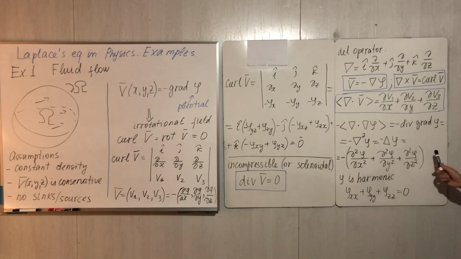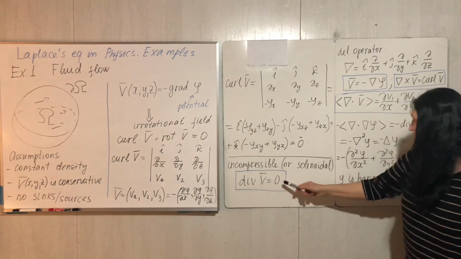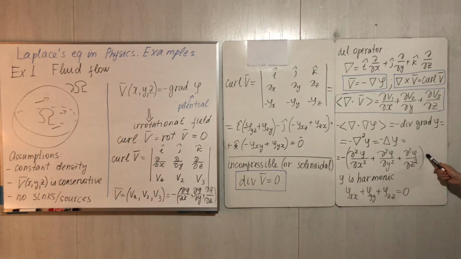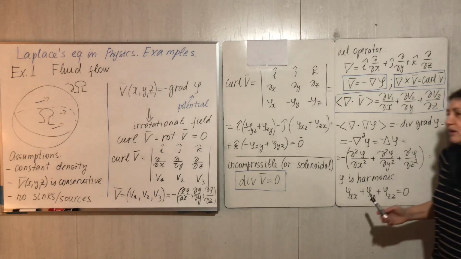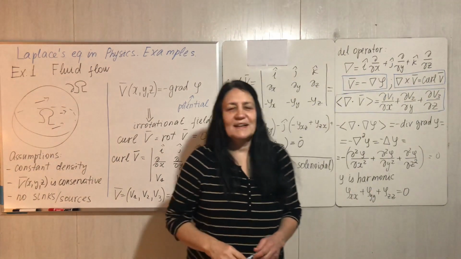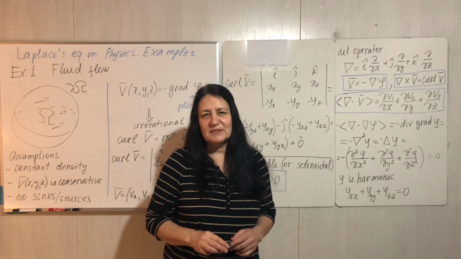From these two conditions we will see, since divergence V equals 0, that this would be equal to 0, and then we will see that our function phi is a harmonic function, or it is a solution to the Laplace equation.